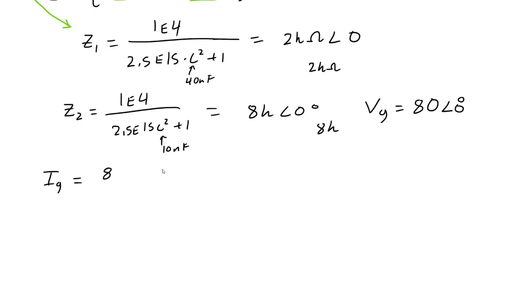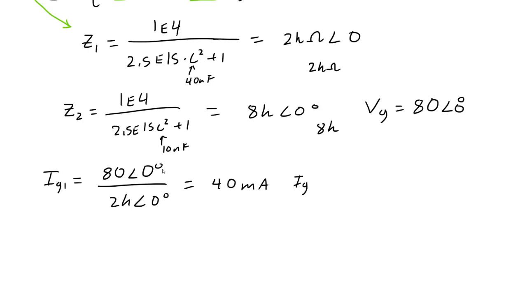So we're going to do 80, 0 divided by ZG1, which is 2K phase angle of 0. That's going to end up being 80 divided by 2 is 40 divided by 1,000, milliamps. And 0 minus 0 phase shift, so 40 milliamps.